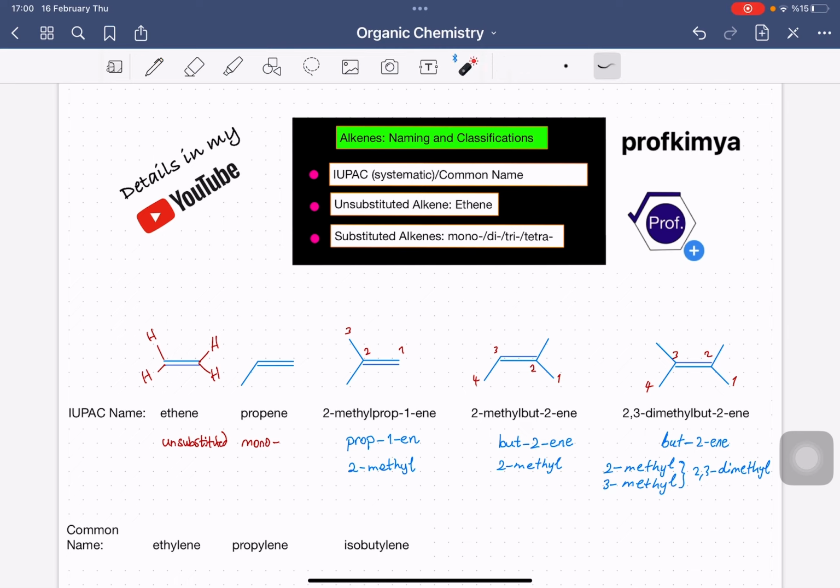This molecule, as you can see, has two substituents. These hydrogens are substituted by methyl groups. Therefore, this molecule is a disubstituted alkene.